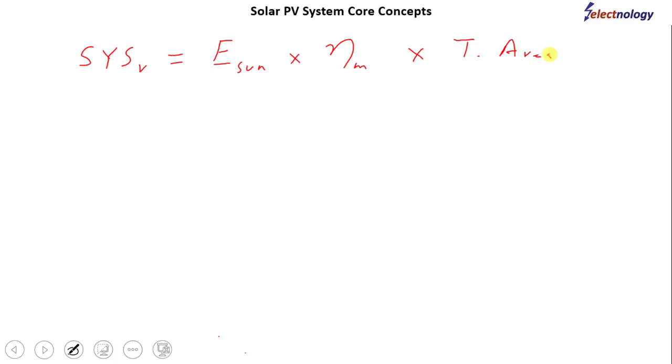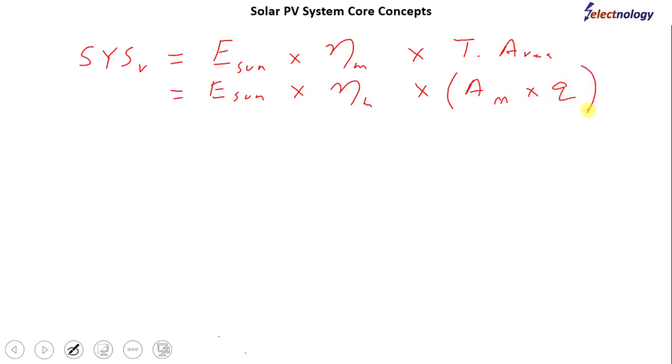Okay, this can be further written as E sun, sun energy, which is 1000 watt per meter square we discussed, and efficiency of one module specified by the manufacturer, into total area. We can write this as area of one PV module into quantity of PV modules.